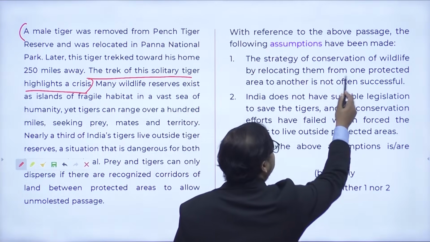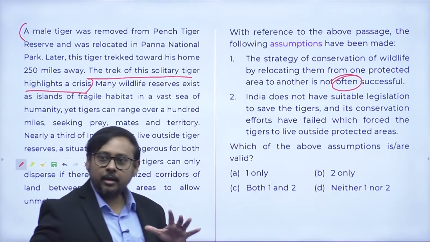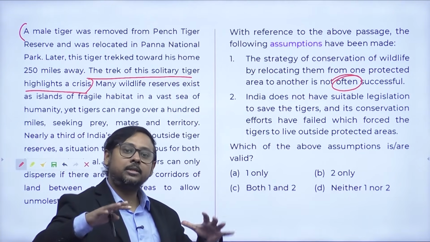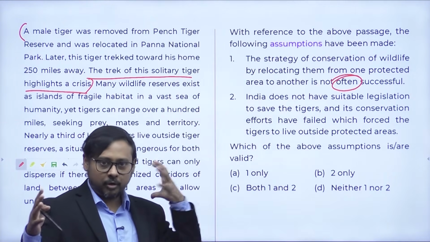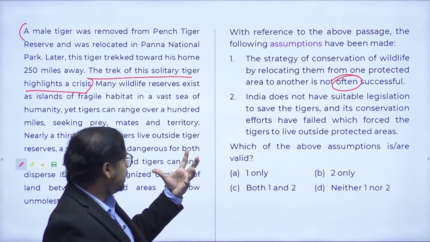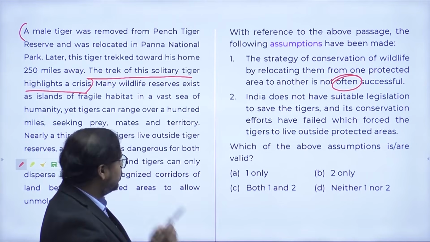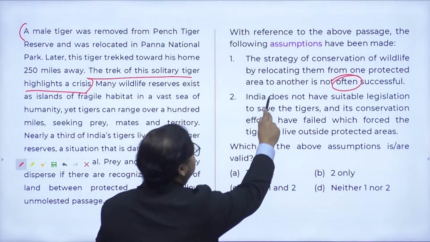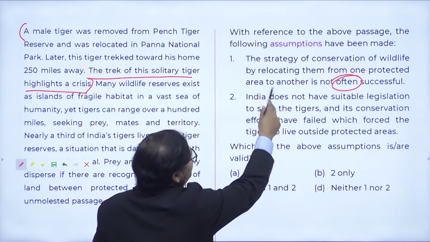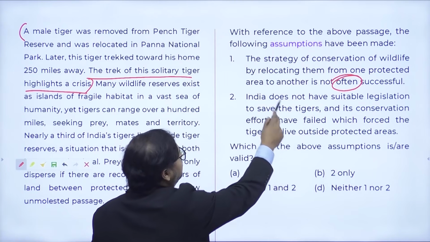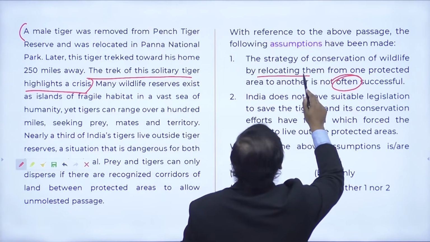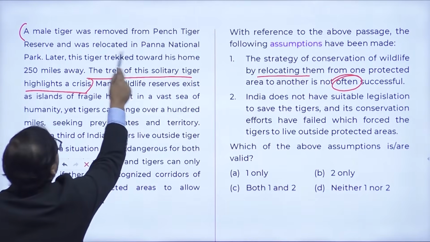Again, the word here is often. Again, it is an assumption. Assumption means it is an overview. It's not very specific. So how do I locate here? Fortunately, we have a locator here also: strategy of conservation of wildlife by relocating them. So where is relocate written? Here relocate is written, right?